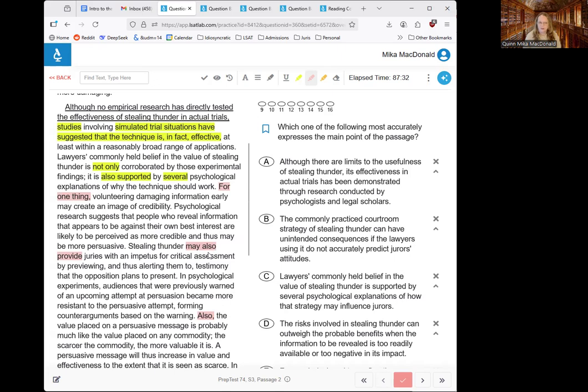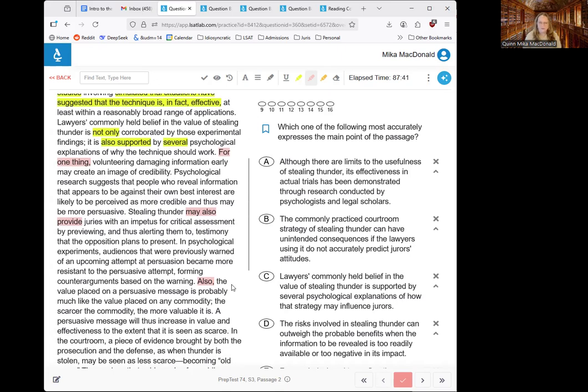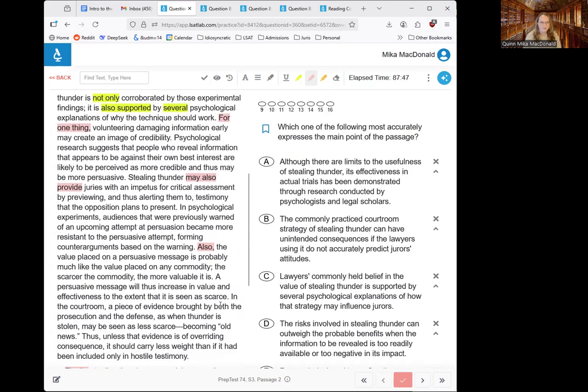Second, stealing thunder provides juries with an impetus for critical assessment of opposing testimony. Finally, the value placed on a message is probably like the value placed on any commodity. Right? That would be very direct and obvious that the author is giving us a 1, 2, 3 list. But instead, the LSAT makes this very hard to see.